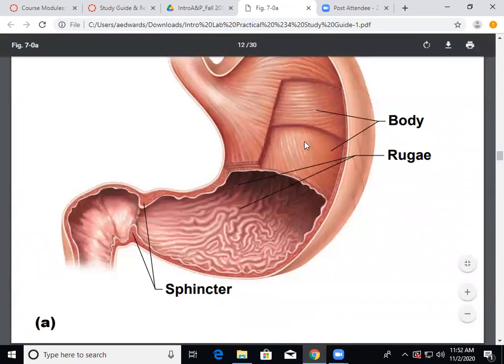But you definitely need to know the muscle, the body, the lining, rugae, and the sphincter controlling exit of your bolus, which is basically a term for the food, into the small intestine, where it essentially becomes feces.